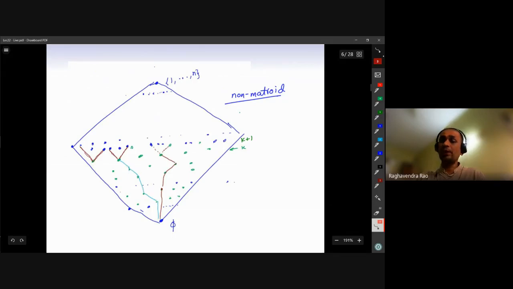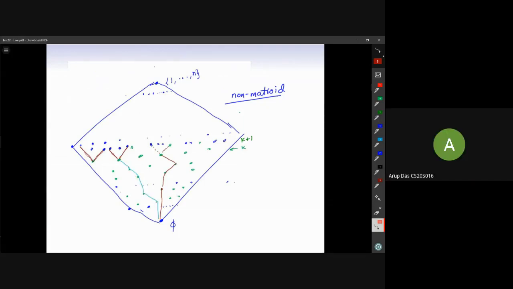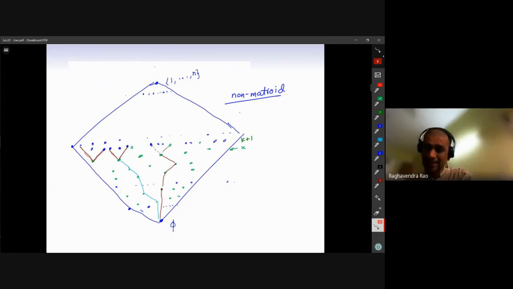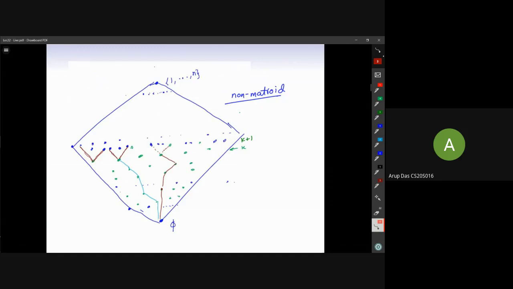So the algorithm could be drawn into those choices so that it makes a mistake. But sir, this is not a provable statement. So in that way we might not get k plus 1. Exactly. So that's what I'm saying. The greedy algorithm will fail. That's what we were saying.